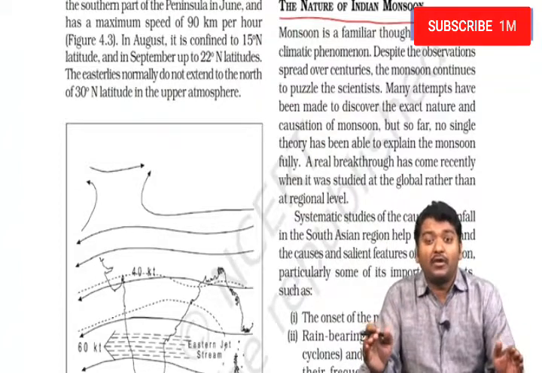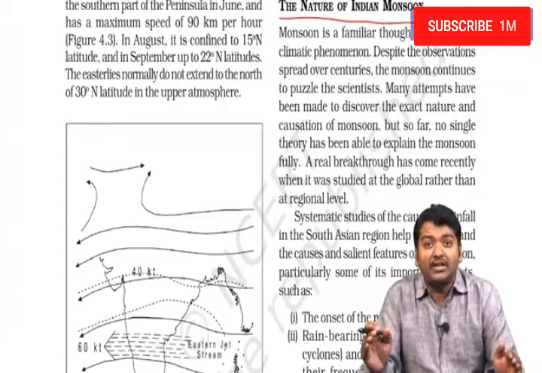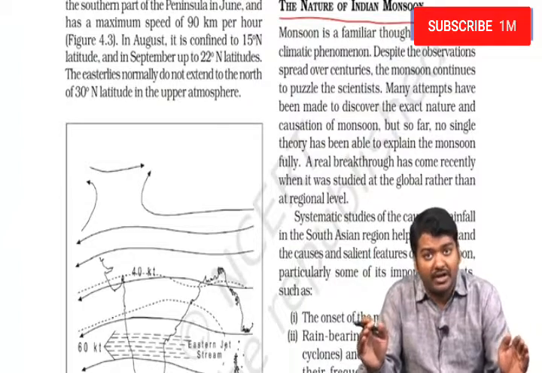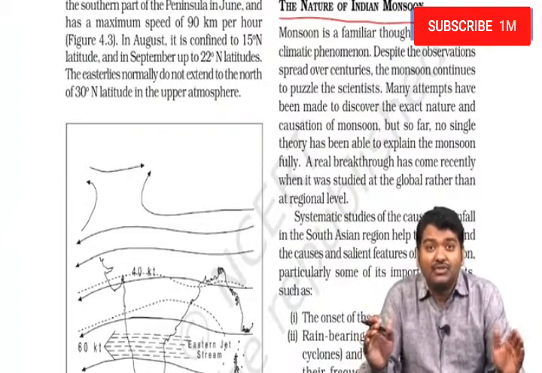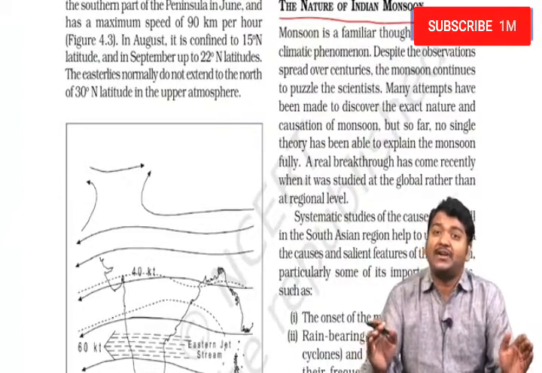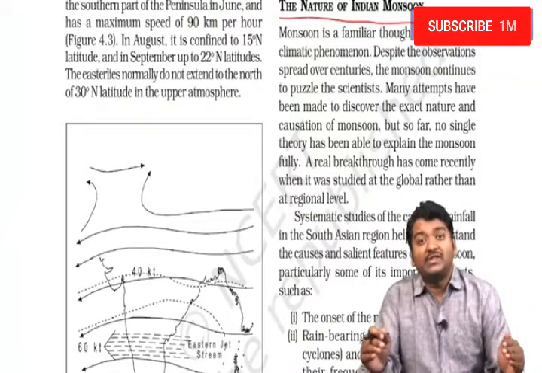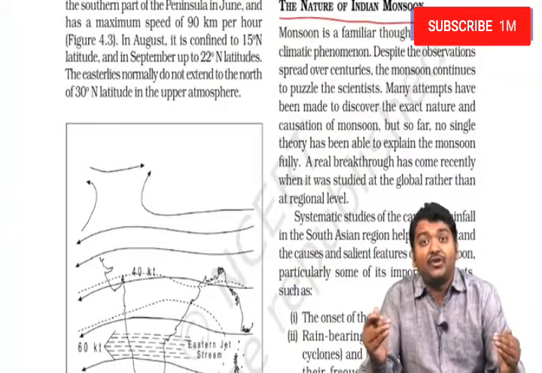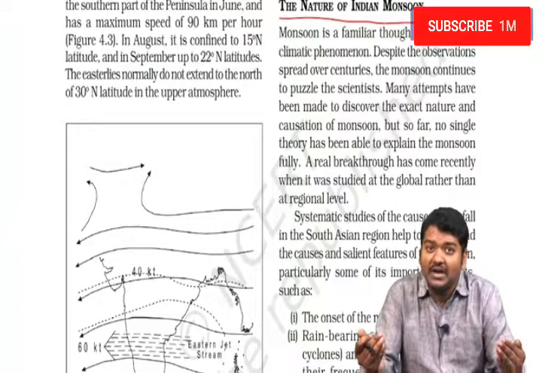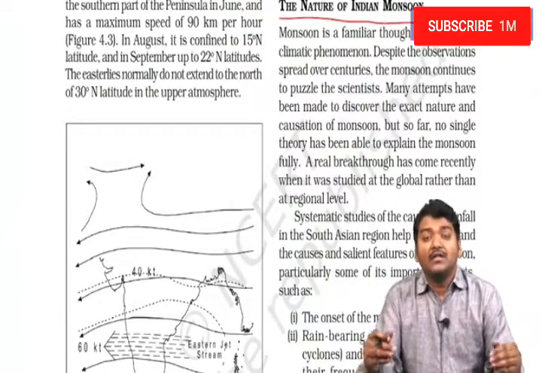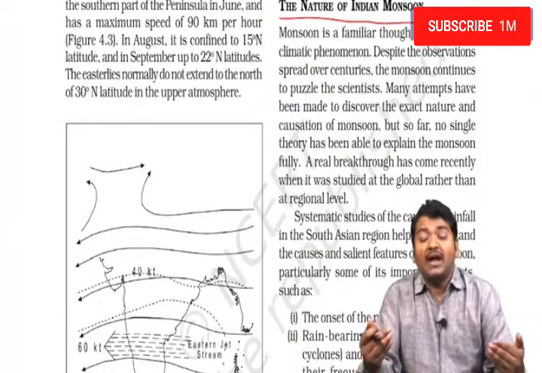India was under extreme cold conditions, that means a high pressure area, and this led to winds blowing from land to sea.